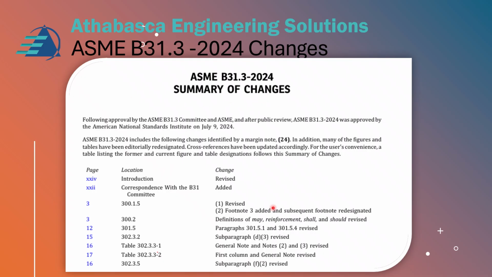So here's an example of what was found in B31.3. This is not a complete list, just a few examples to give you a few ideas. In here they may say the change is a revision, or this is brand new, or they might have a little bit of a summary of what sections, subparagraphs, are changed within that.